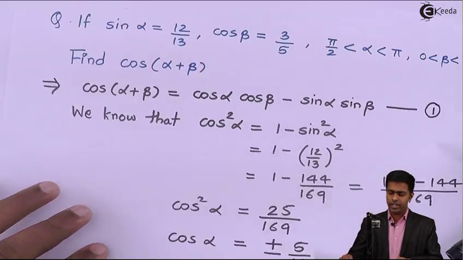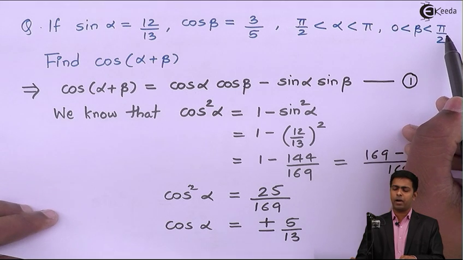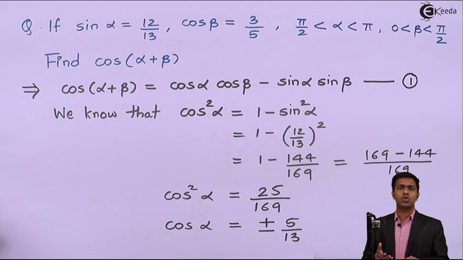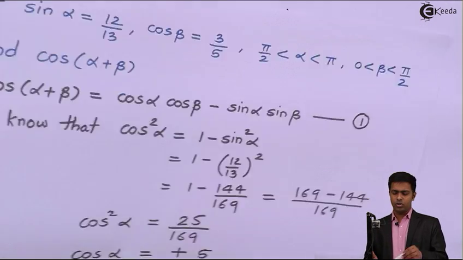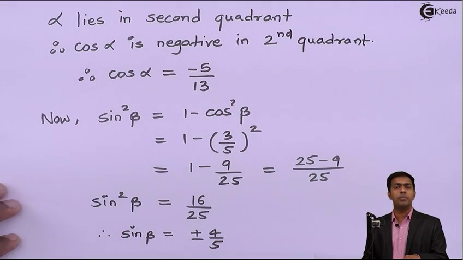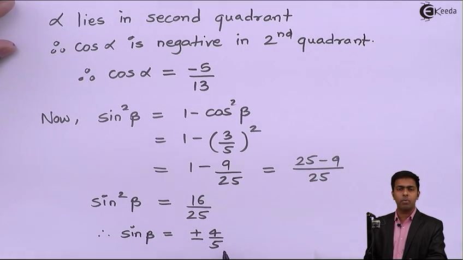If you see here, beta lies in the first quadrant, that is between 0 to pi by 2, and in the first quadrant all trigonometric functions are positive. So this sin beta will be positive, and we will accept the value plus 4 by 5.